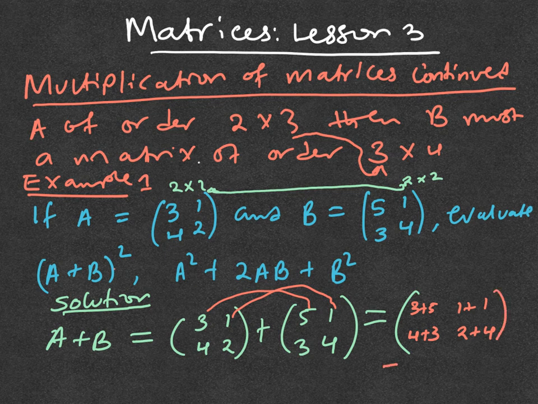So A plus B, what do we get? We get 8, 2, 7, 6. Now we need A plus B squared. Let's compute it on the next page.